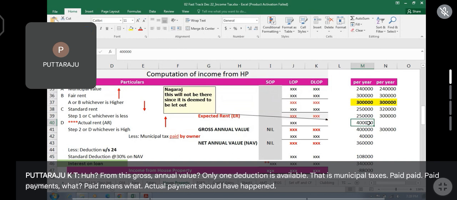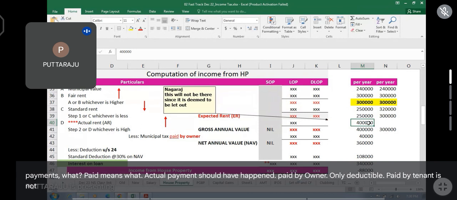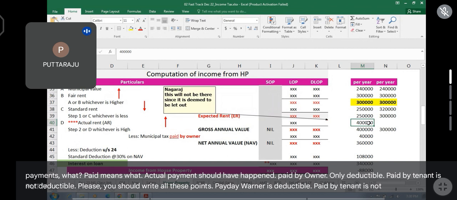Paid by owner only is deductible. Paid by tenant is not deductible. Please, you should write all these points. Paid by owner is deductible. Paid by tenant is not deductible.